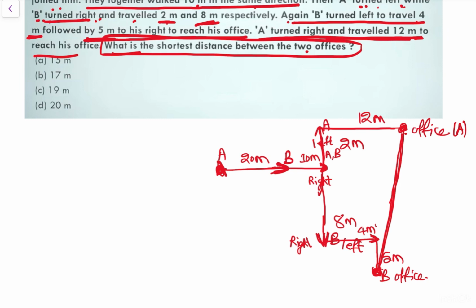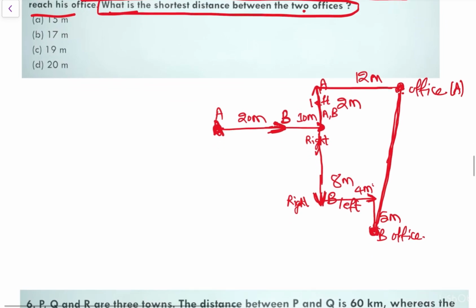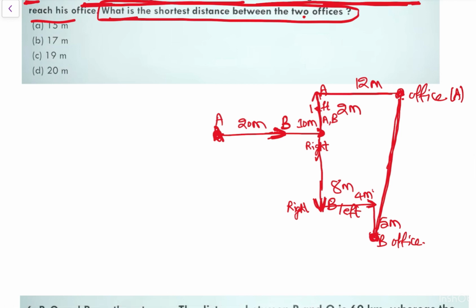So here comes the concept of right angle triangle. So here you need to mark like this. So once you know the distance between these two things, then you can calculate the distance here. So the distance here is, say, 5 meters.